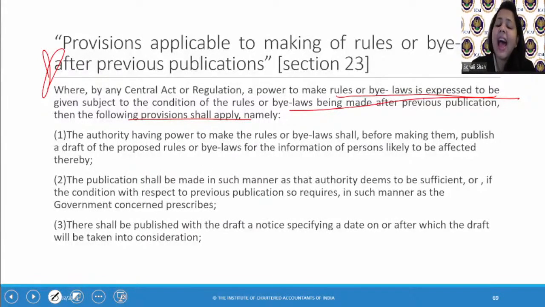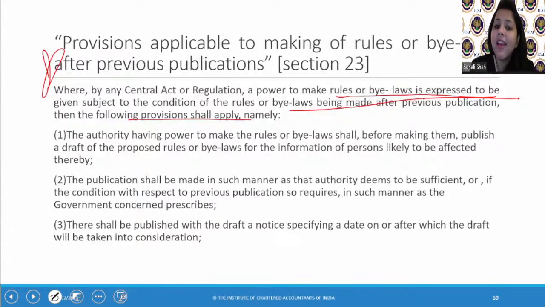So the act says that a rule has to be made or bylaw has to be made, but before the rule or bylaw is made, it needs to be published for the opinion of the people who are the stakeholders or from public.